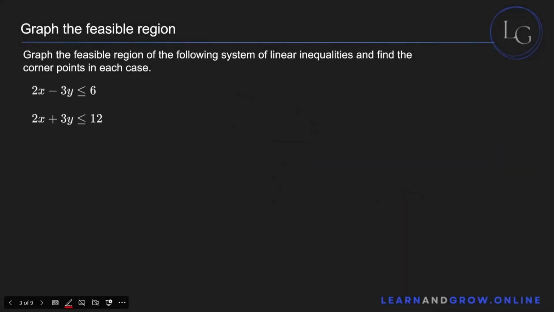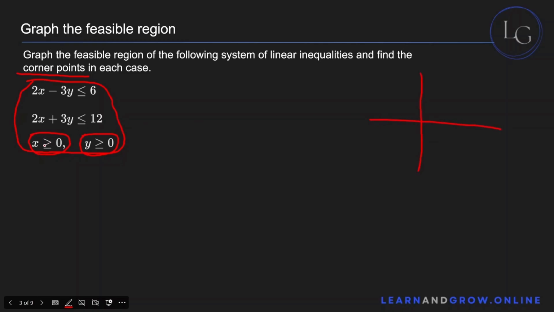Let's graph the feasible region. Now, we have these inequalities, and we have to basically graph the feasible region by shading, and we also have to find the corner points in each case. Now, these two inequalities, don't be confused. They just basically define the first quadrant, right? Because the feasible region lies in the first quadrant. So let's see, we have this xy plane.